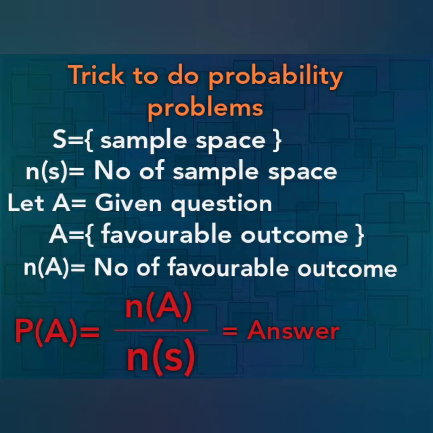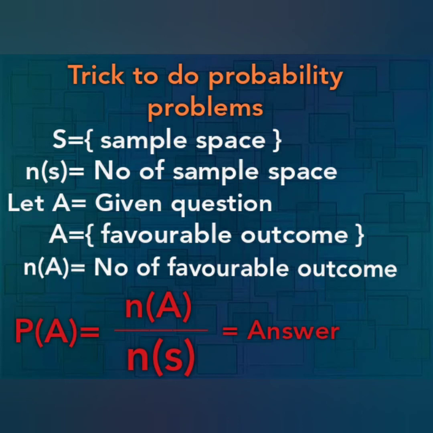Trick to do probability problems: what are all the steps we have to follow to get the answer. First we have to write the sample space, that is, all possible outcomes, and n of s, the number of elements in the sample space. And then A: what the question asks us to find, that you have to take as let A. Then the favorable outcomes, and then n of A, that is the number of favorable outcomes.